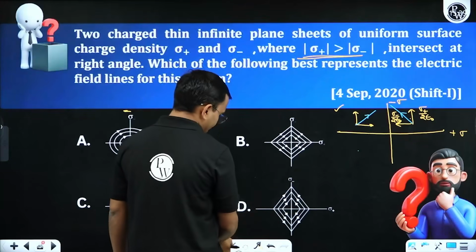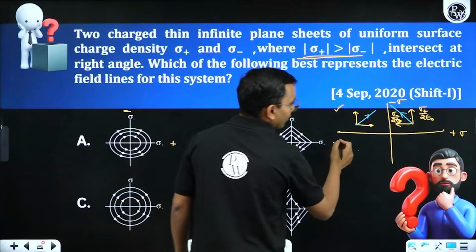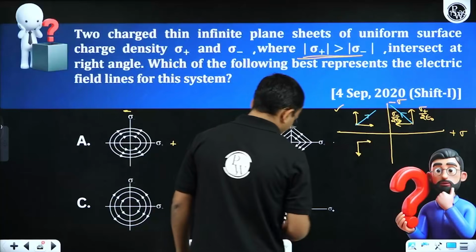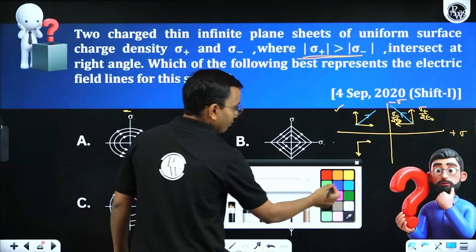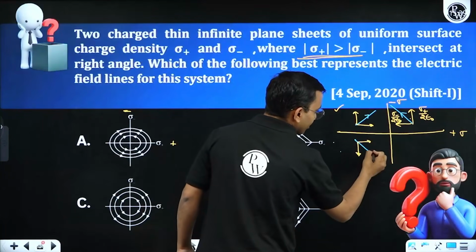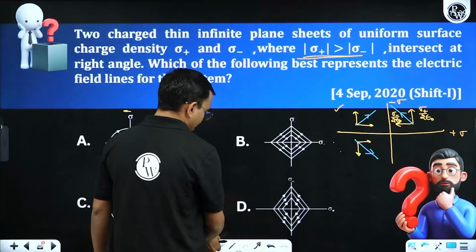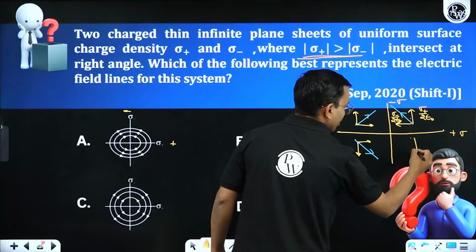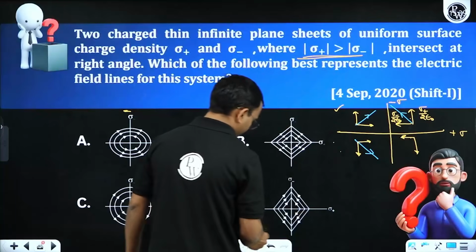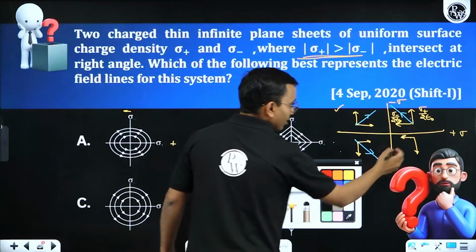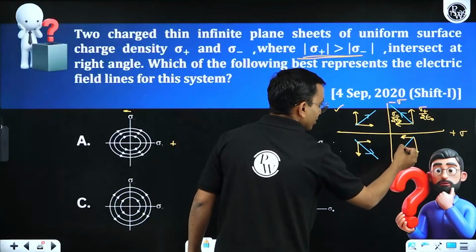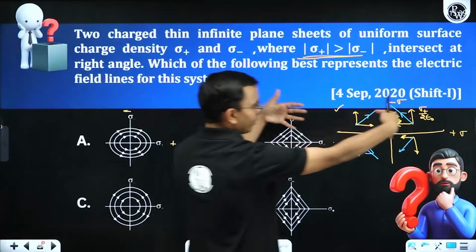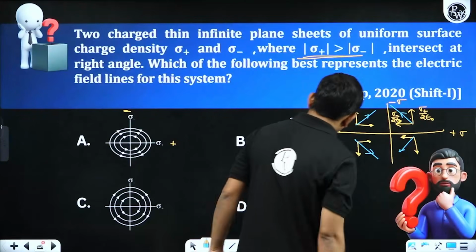In the third quadrant, if I draw, due to plus, due to minus, it will be somewhat like this. In the fourth quadrant, due to plus, due to minus, resultant somewhat like this, ending at negative, starting from positive.